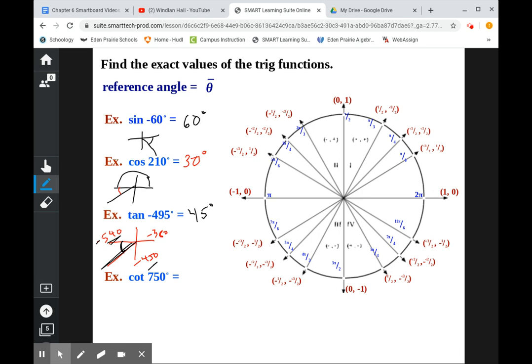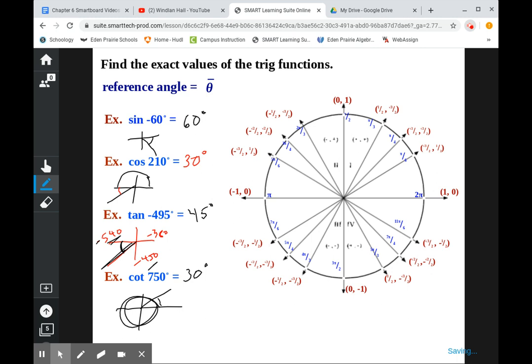Cotangent, 750 degrees. It will be twice around. Just find the reference angle still. Twice around, it'd be 1 and 2. That's 720. And then 30 more gives you this angle here, which would be 30 degrees.